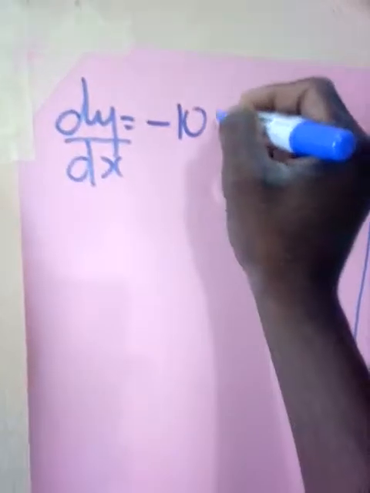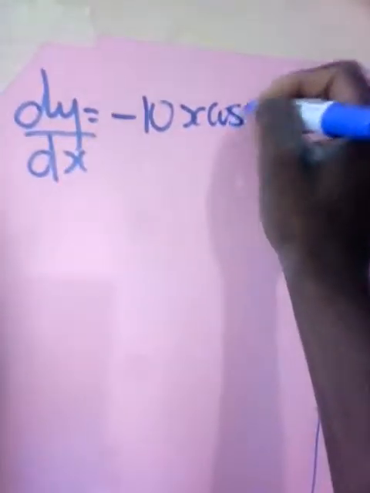Now putting that into the equation, I would have that my dy/dx is equal to, now my dy/du gave me minus 10x cos u, multiplied by my du/dx, that's 10x actually.